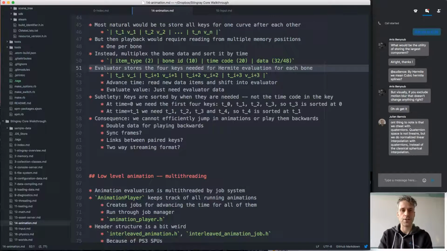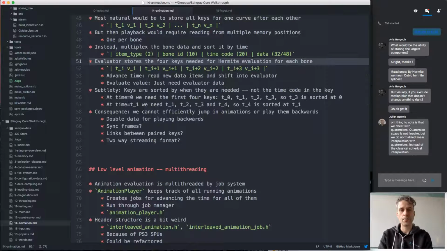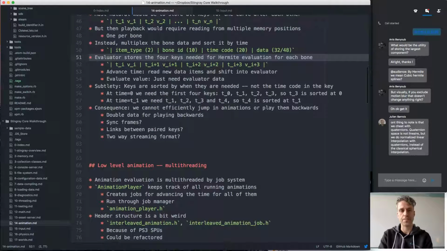Then to evaluate the curve, the Hermite evaluator, since it's a cubic polynomial, needs 4 sample points in order to reconstruct the curve. So we have an evaluator that stores the current 4 keys that are used for evaluation, the 4 keys we need to evaluate the current curve segment for the animation.